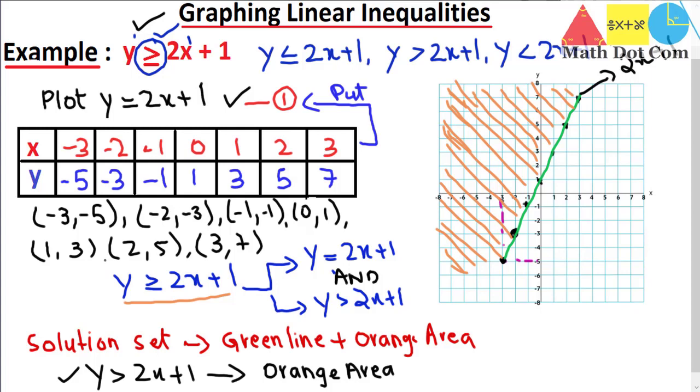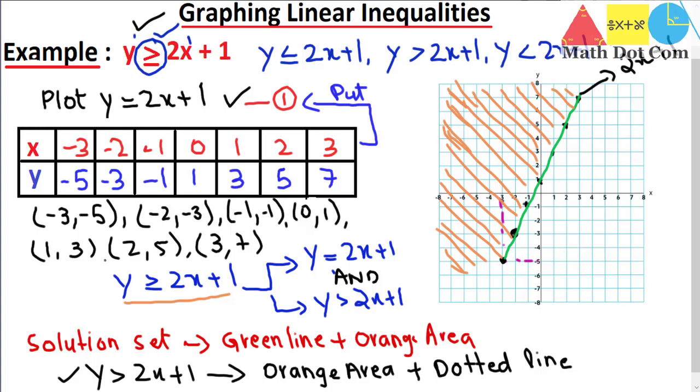While if there is no equality sign in the inequality, like the example I have given at the end, then you have to consider only the orange area, and the line will become a dotted line. That shows that the points lying on the dotted line are not included in the solution set of this linear inequality.